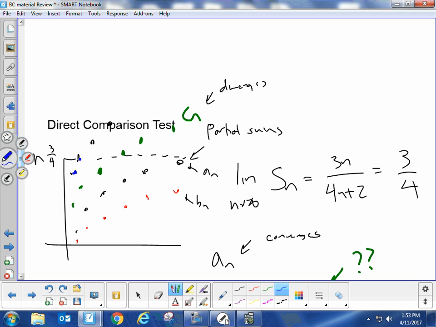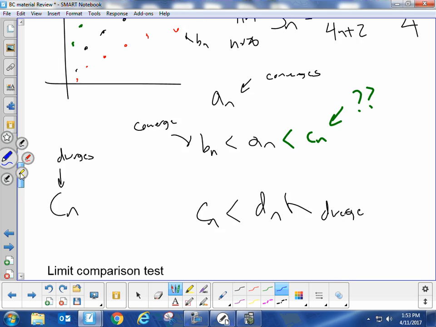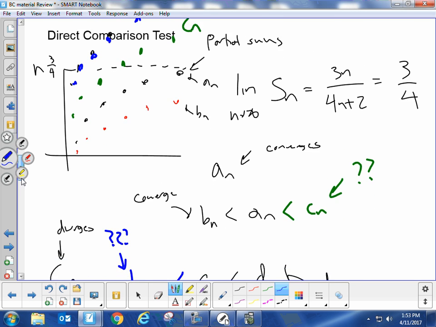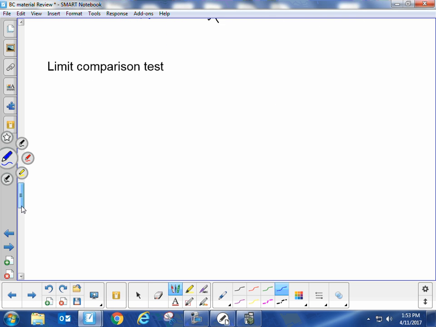If you're greater than a diverging series, you're also going to diverge. However, if B sub n is less than C sub n, I wouldn't know what's going on there. Okay, so that's the direct comparison test, usually asked in multiple choice questions, just coming right out and using it.